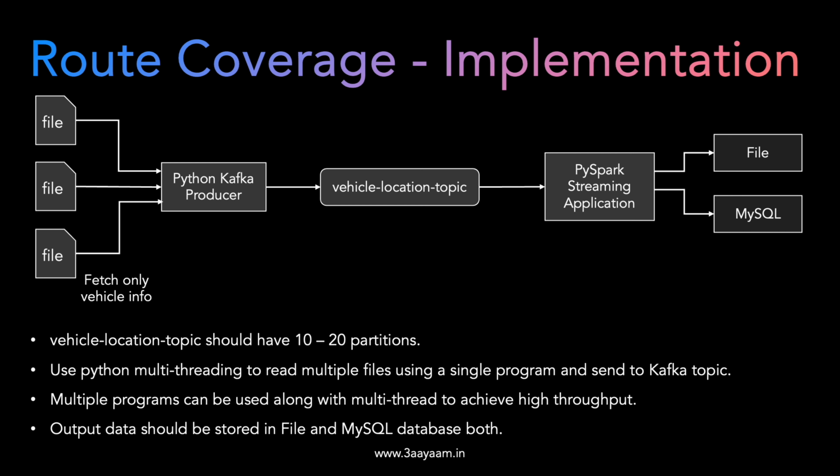If you use your local machine, then you'll have to install MySQL, you have to create the tables there, etc. So use MySQL Aurora to save the output data in a database, and the file can be a local file or you can store it in S3 also. So this is the first use case, which is route coverage, and you have to implement both the business statements that I had shown you in the previous slide.